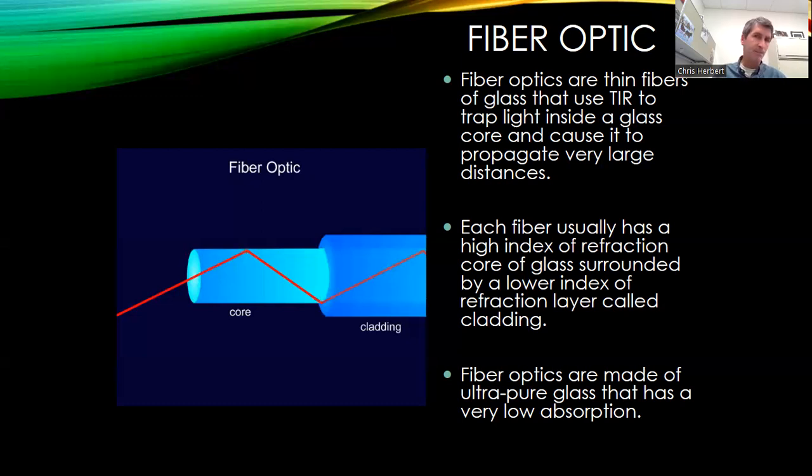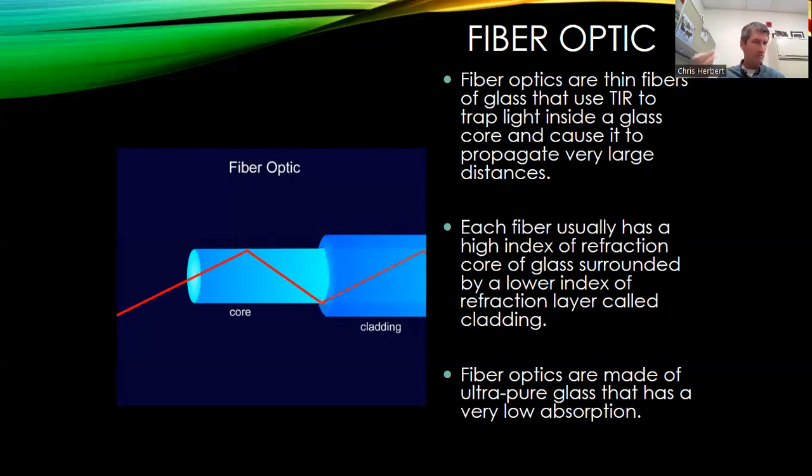Now, a better way of looking at this is in terms of a wave, and this is the intensity of the wave as a function of the radius, a wave which is trapped by total internal reflection, where most of the energy is in the core and a small amount of energy, similar to the evanescent wave that we talked about before, propagates into what is known as the cladding, the lower index material.